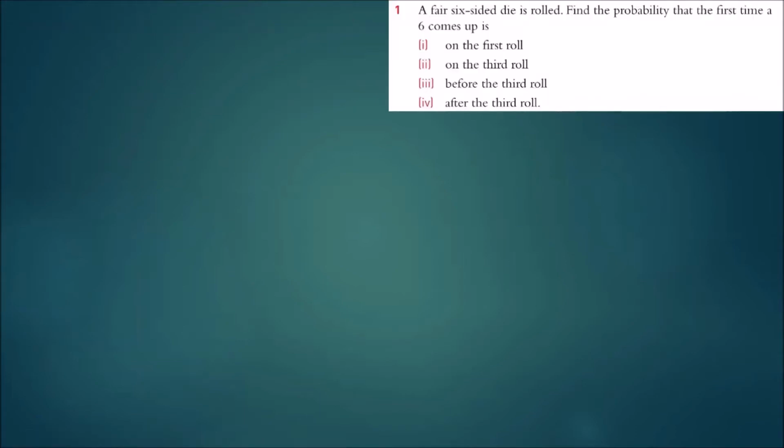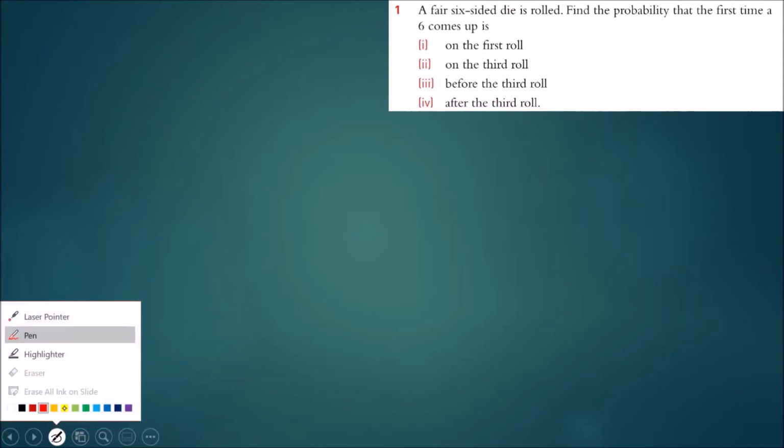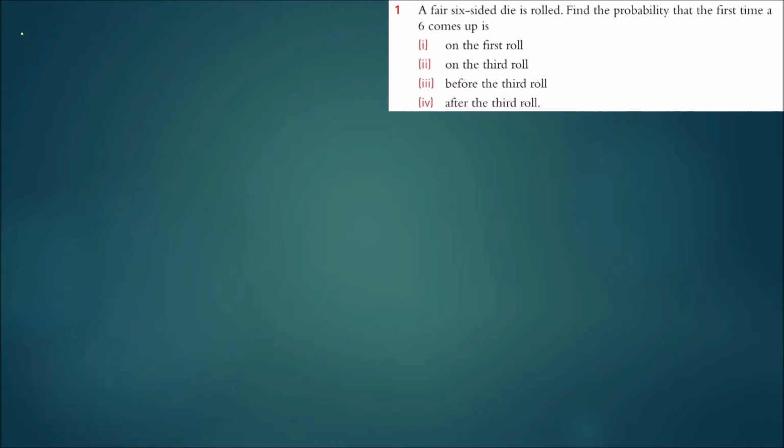We have here a fair six-sided die that is rolled. Find the probability that the first time a 6 comes up is on the first roll, on the third roll, before the third roll, or after the third roll. First and foremost, we need to define our distribution.